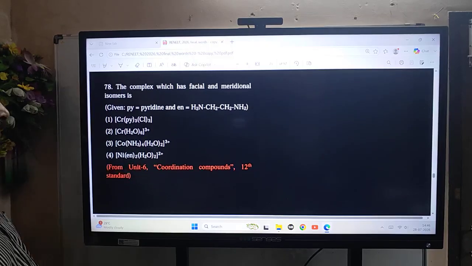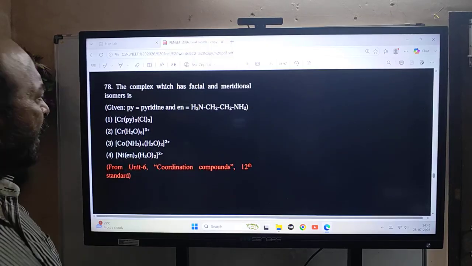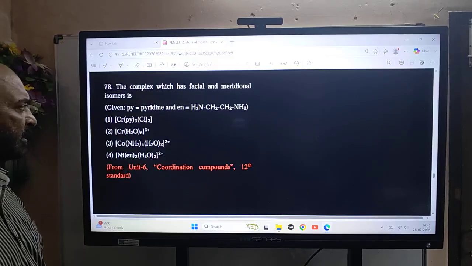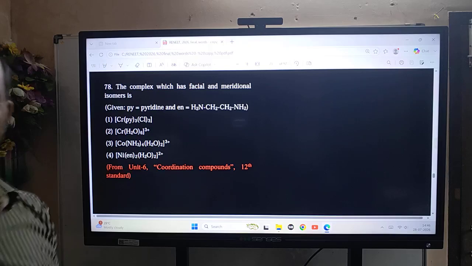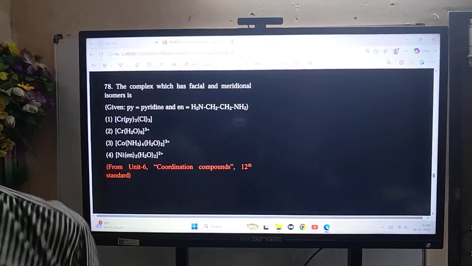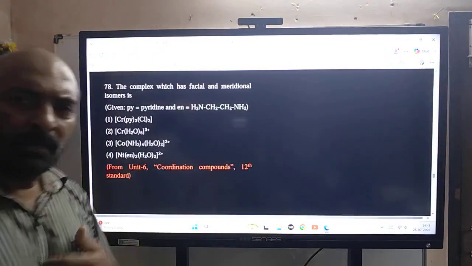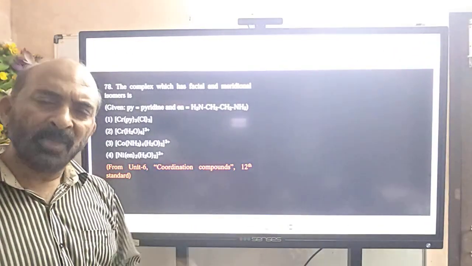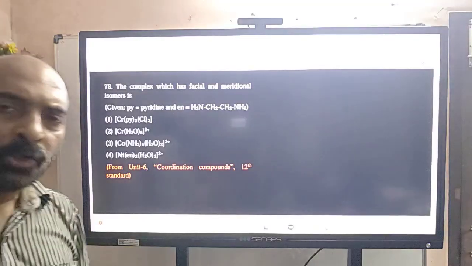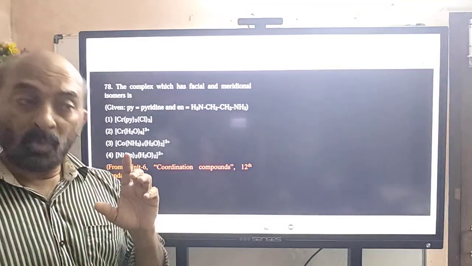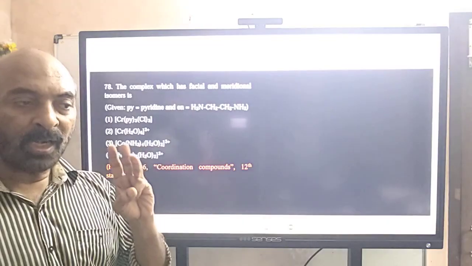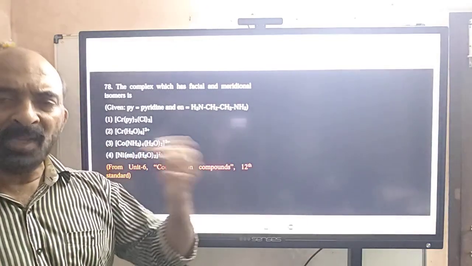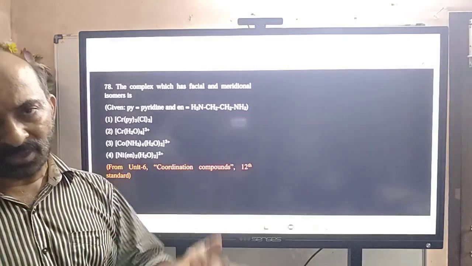The complex which has facial and meridional isomers is, just a minute. Okay, what is meant by facial and meridional isomerism? See, facial and meridional isomerism is shown by octahedral complexes where 3 monodentate ligands are of one kind and the remaining 3 monodentate ligands are of another type.